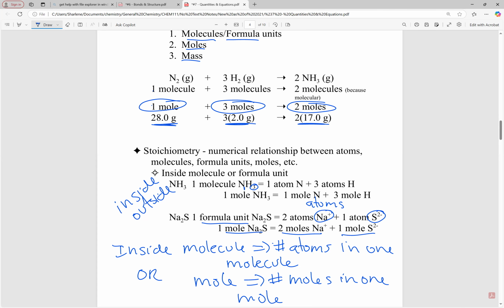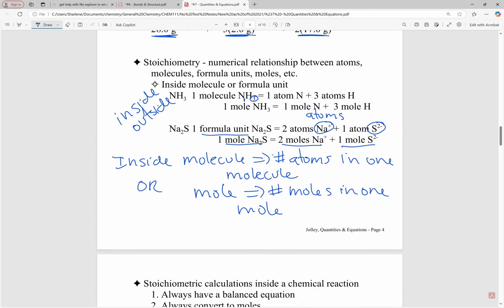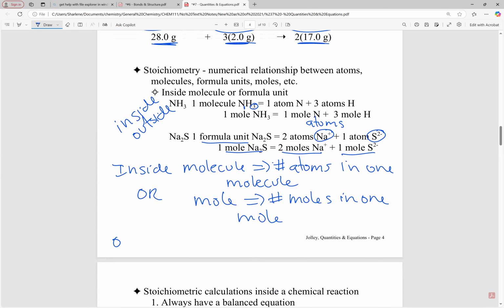Well, outside tells you how many there are total. And remember, if you're ionic, you'd say formula unit. Or if we're talking about moles, the moles total. So we have to be very, very comfortable with our stoichiometry.